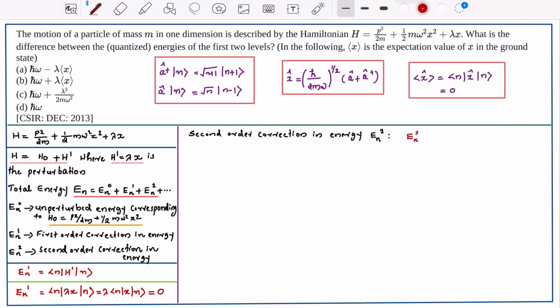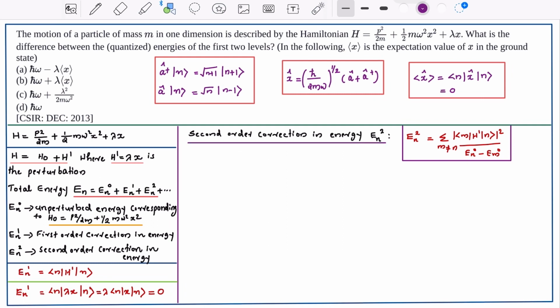Now En2, the formula for the second order correction in energy, is sum over m not equal to n, modulus of <m|H prime|n> whole square divided by En0 minus Em0. This is the formula to find out the second order correction in energy En2.